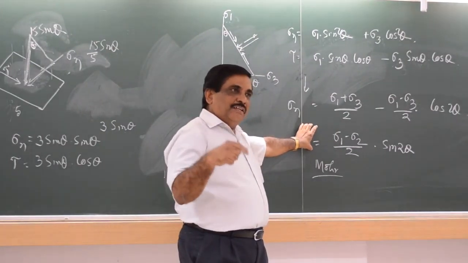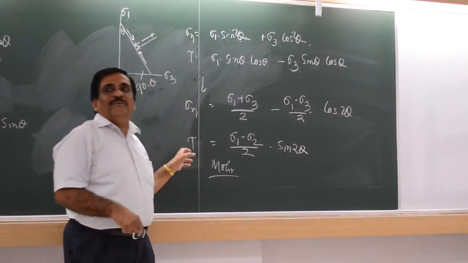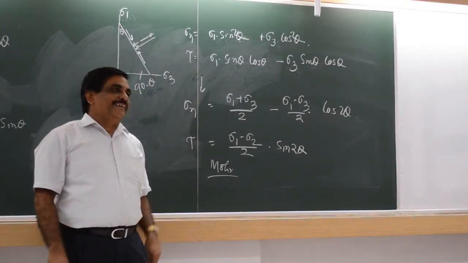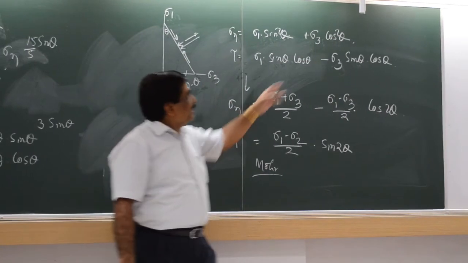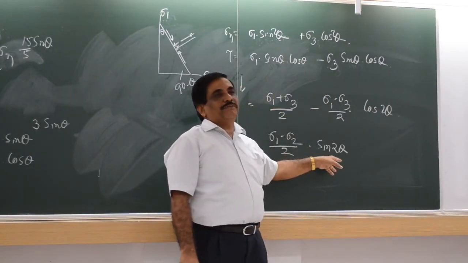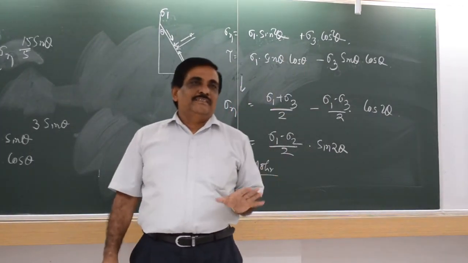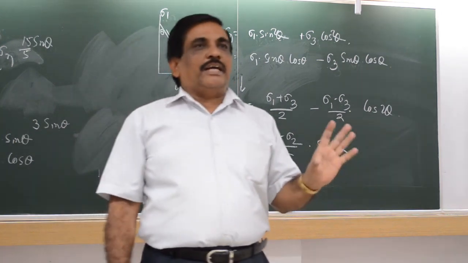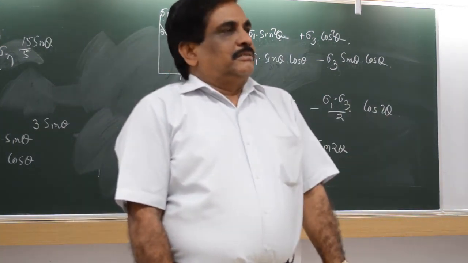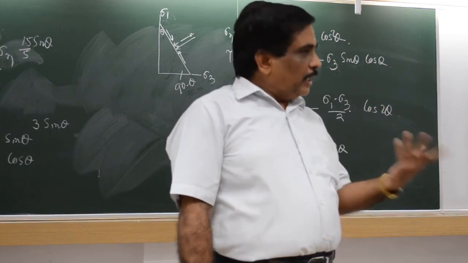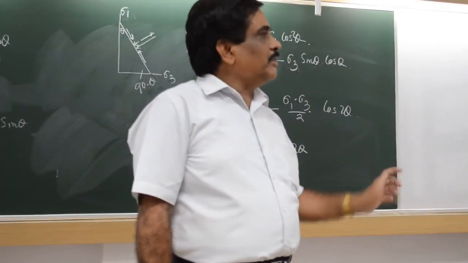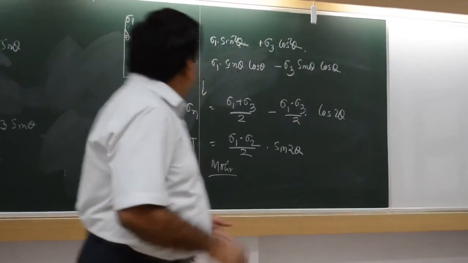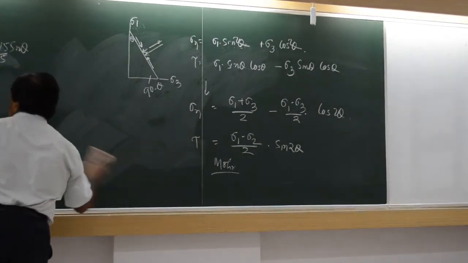You will draw a circle from which you will find sigma n and tau. But 2 theta will be required, not theta. That is why he has converted this equation into 2 theta. There is no other reason. Don't say 2 theta is a dihedral angle. Never say that. That is a loose way of defining. It is twice of theta. Theta is the angle between sigma 1 and the plane.